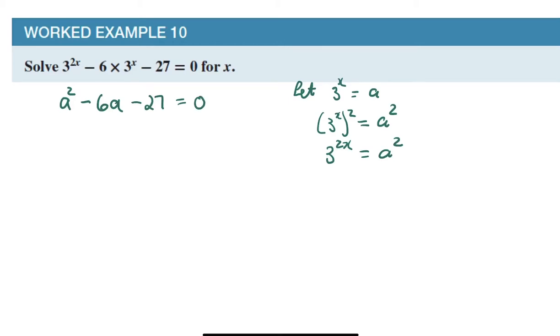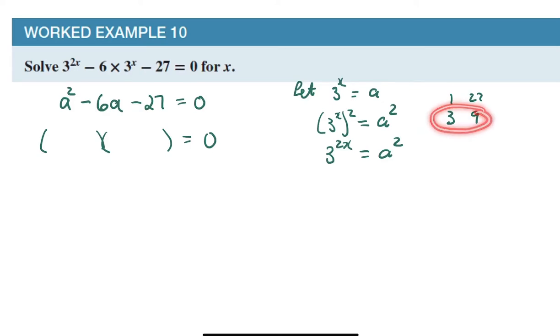So it's either by completing the square, doing my brackets, or using the quadratic formula. Equals 0. So I'm going to look at 27 to solve that. Factors of 27 are 1 times 27, 3 times 9. Because this is a negative, it means the difference needs to be 6.